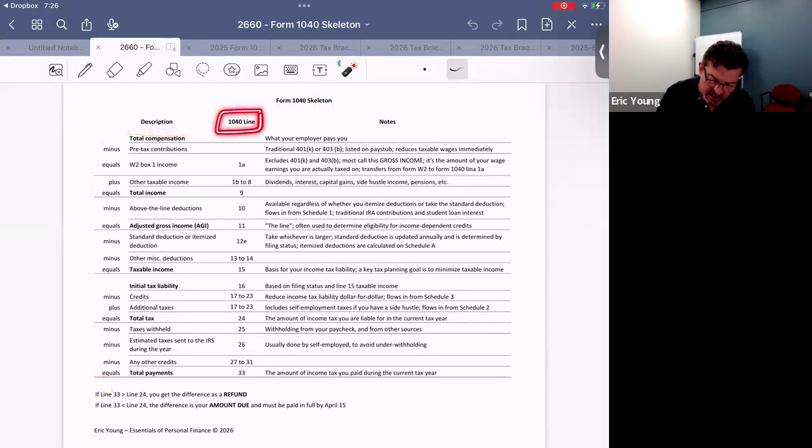I give you the line number that it occurs on the 1040. I give you some notes so you can see sort of what it means. But ultimately, we're getting here from total income to adjusted gross income to taxable income. We then take that taxable income on line 15 and we compare it to how much you paid, and that's your refund or your amount due.